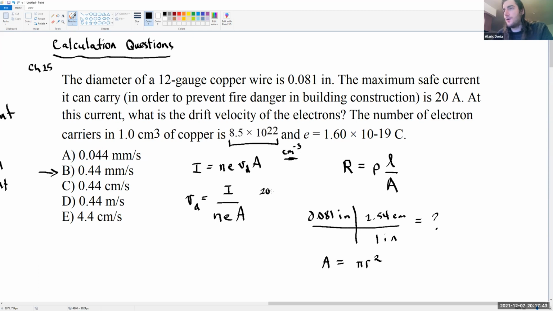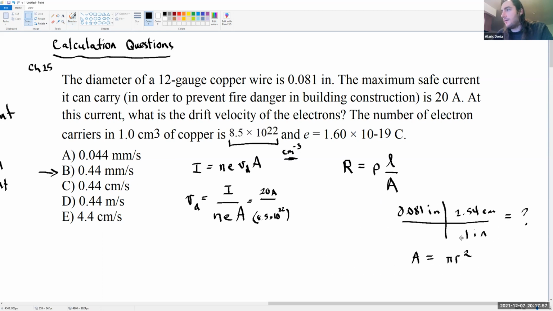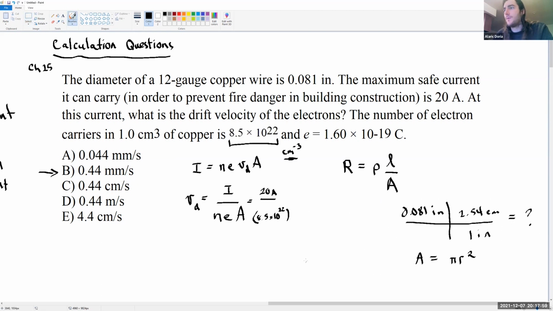So, for our current, we have 20 amps. For N, we have this 8.5 times 10 to the 22, right? For the fundamental charge unit here, we have the 1.6 times 10 to the minus 19 coulombs, right?